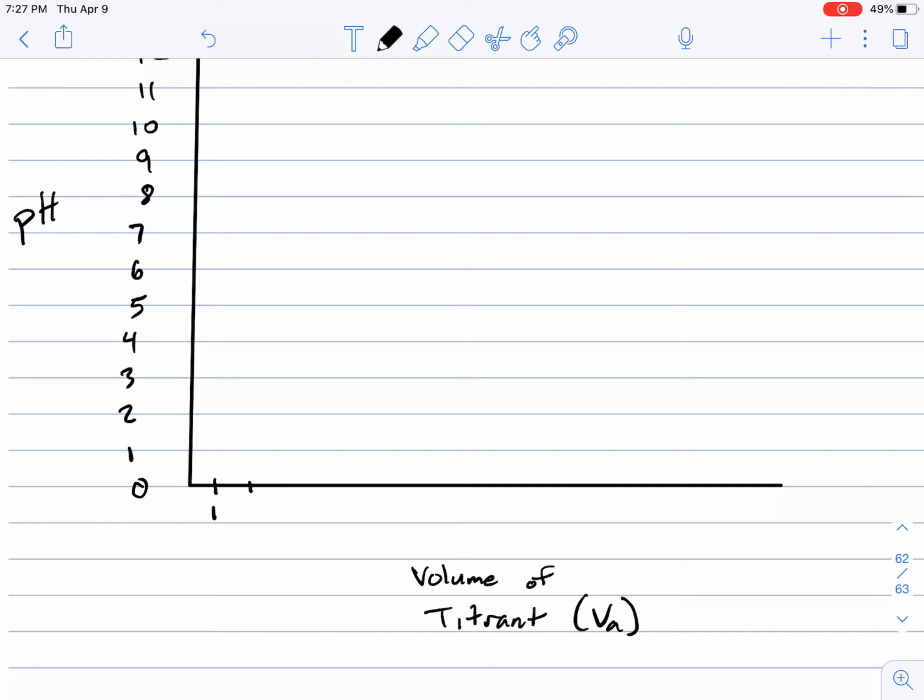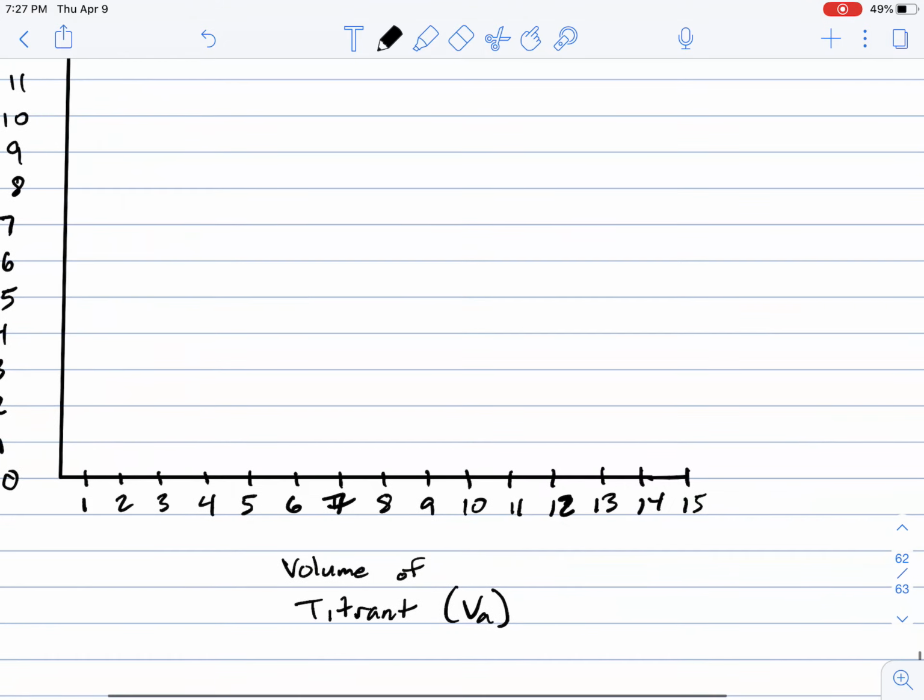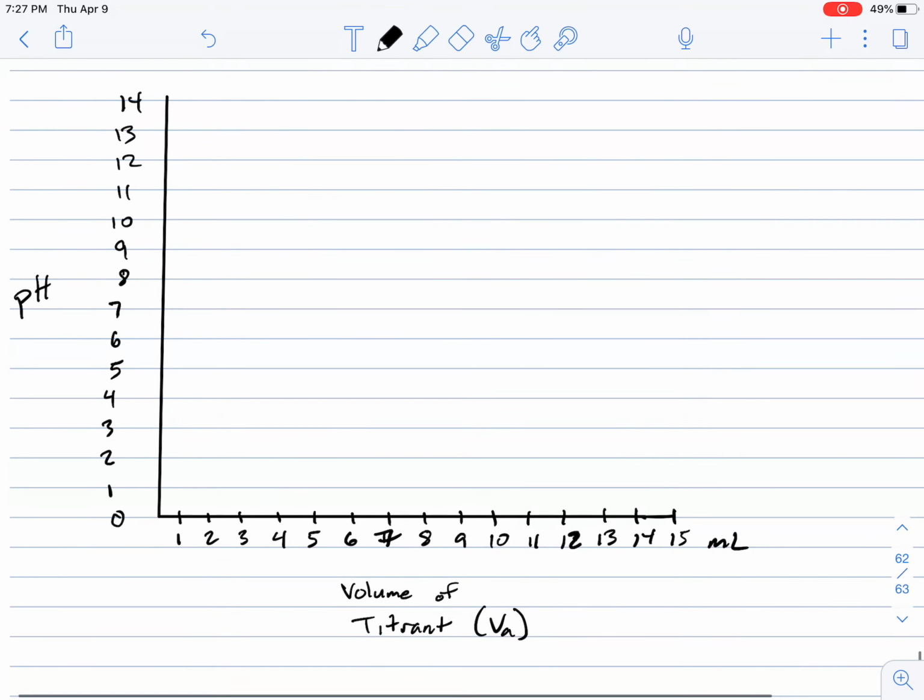So 1, 2, 3, 4, 5, 6, 7, 8, 9, 10, 11, 12, 13, 14, and 15. Okay, so this is my volume that I've added on the x-axis.